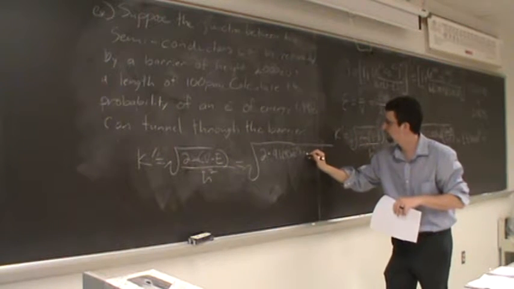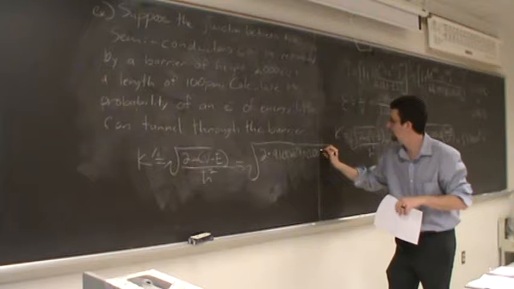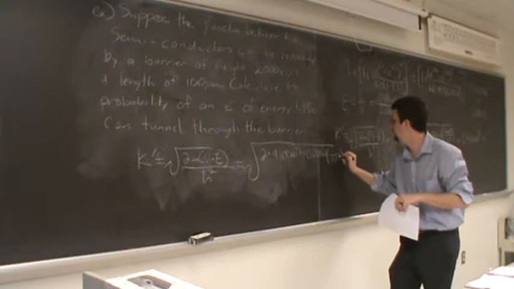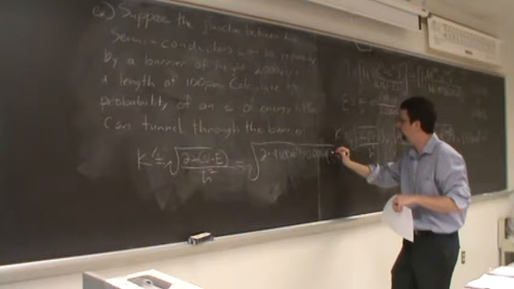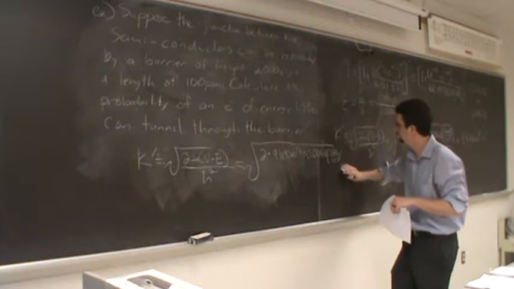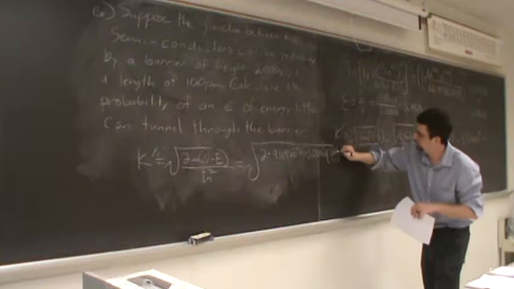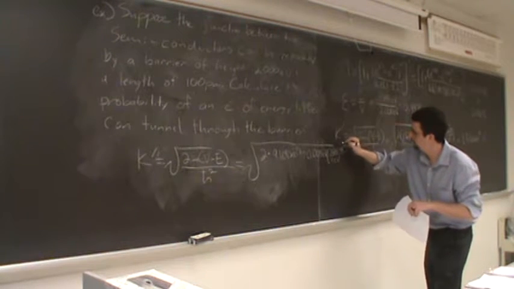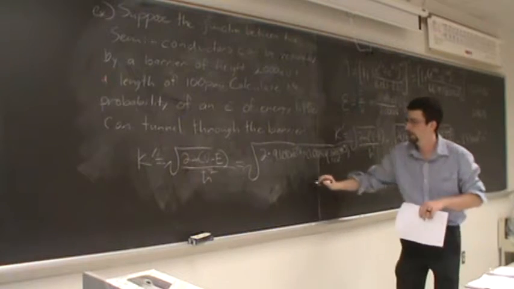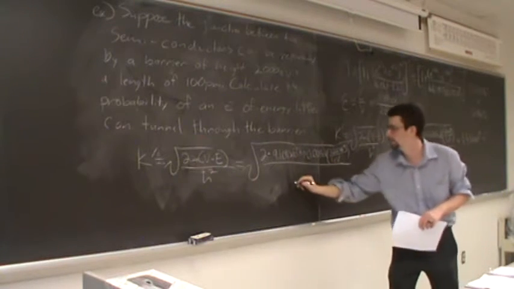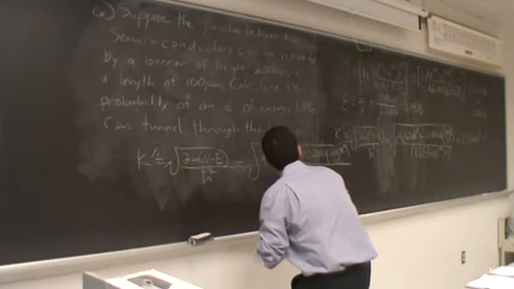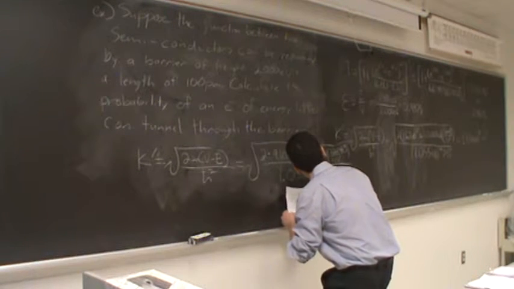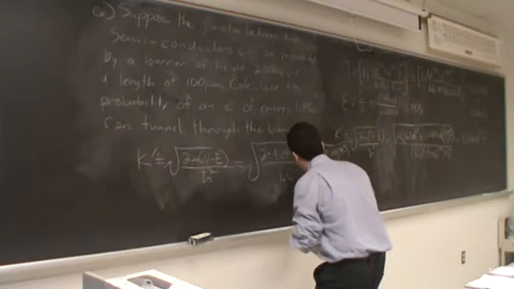We're going to do the same sort of thing here, where we have that 0.5 eV, we have to convert that 0.5 eV into joules, so it's 1.602 times 10 to the minus 19 joules, all divided by h bar squared, which is 1.055 times 10 to the minus 34 joule seconds.